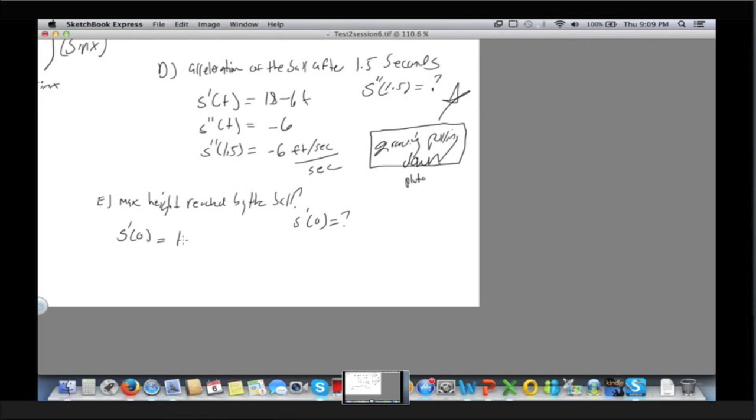Equals 18 minus 6, 0. The maximum height is 18 feet. Okay. What do you think? Yep.